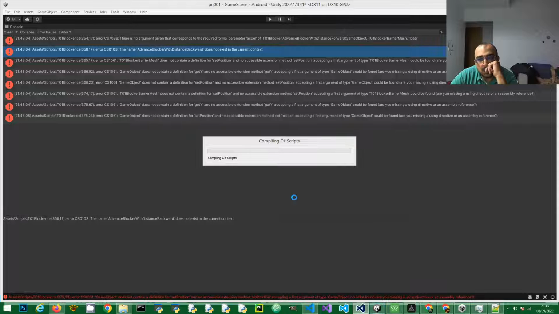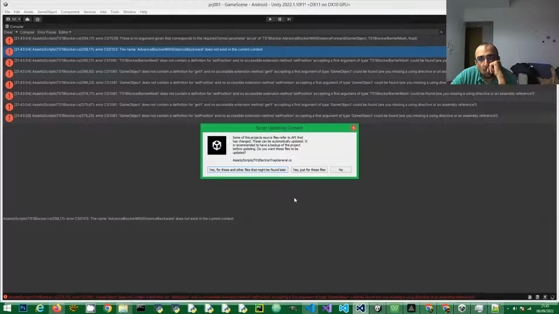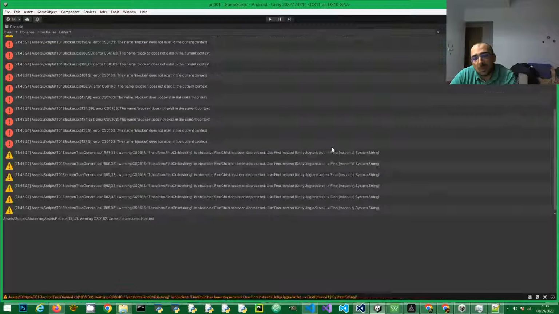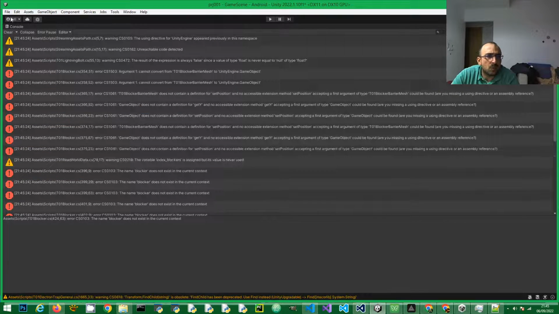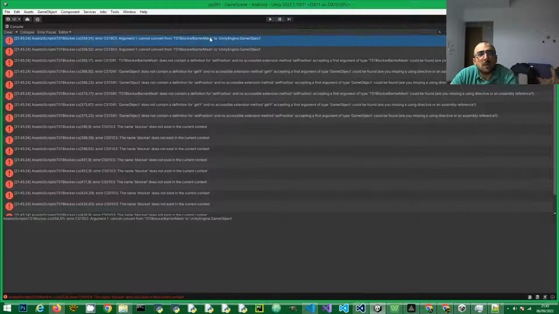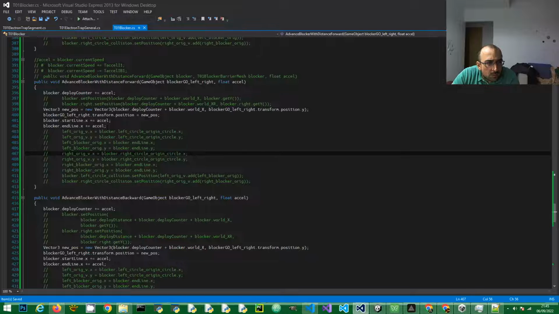Let's see what Unity says. Good. Blocker does not exist in the current test motions. Blocker deploy camper.